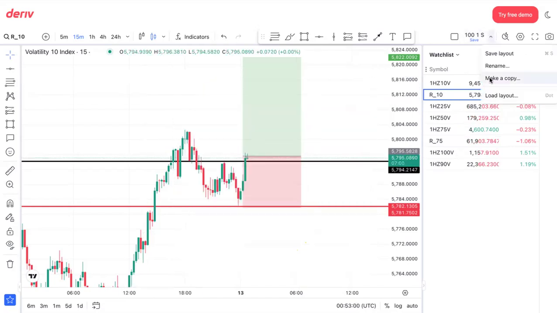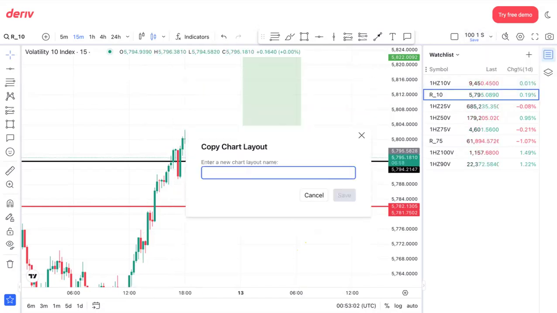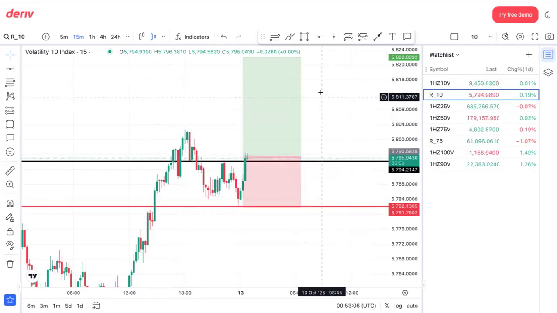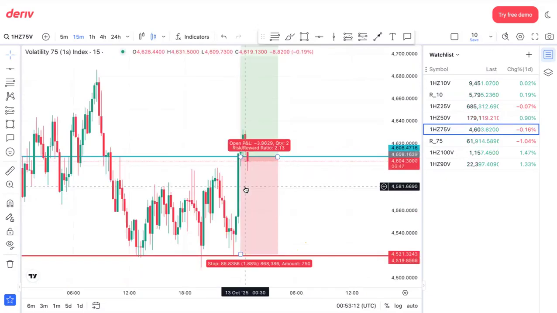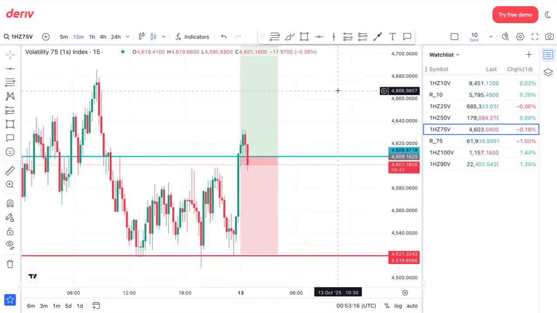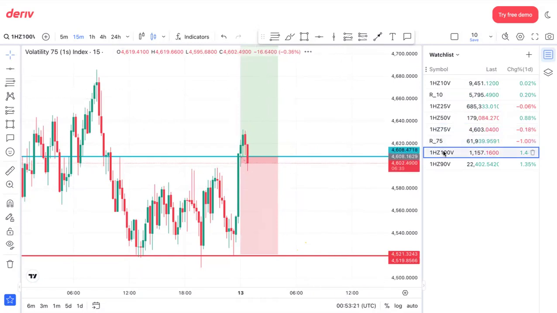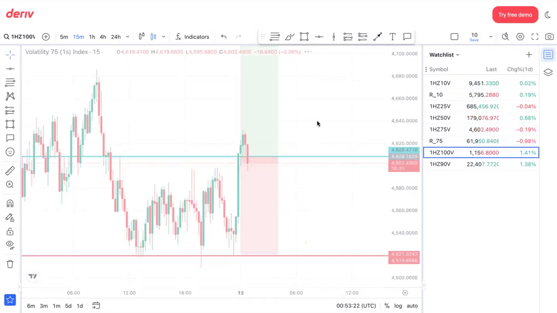Then I save this chart, make a copy. That's 10 right there. Alright, let's see what 75 1 is doing. So 75, pull back a little bit. We'll come back to you in a little bit.